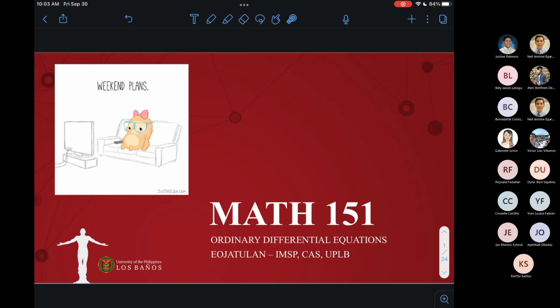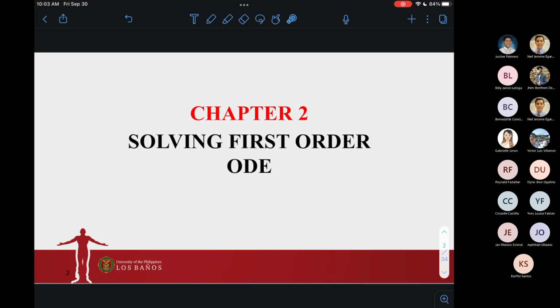But anyway, as I've mentioned, ngayon titingin pa tayo ng iba pang methods para mag-solve ng first order ODEs. And in this section, we'll be particularly looking at how to solve first order linear ODEs. The method that I will teach you today ay mag-work sa kahit na anong linear ODE.